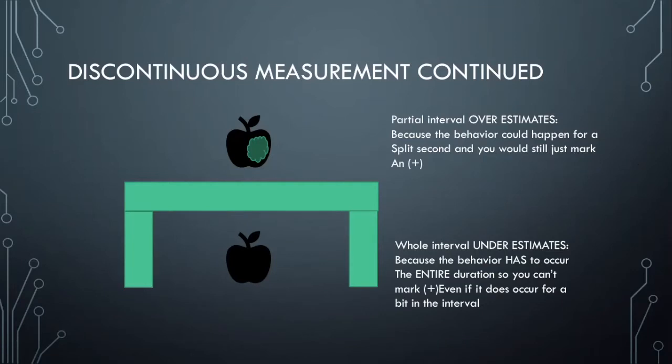So it's overestimating. Even if it only happens for 1 second in the interval, according to the data, it could have been 10 seconds, it could have been 9 seconds, or it could have been 1.